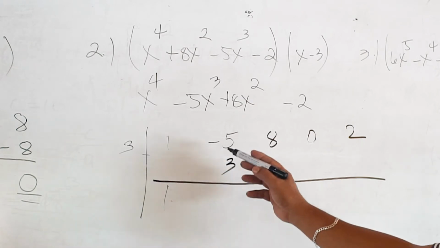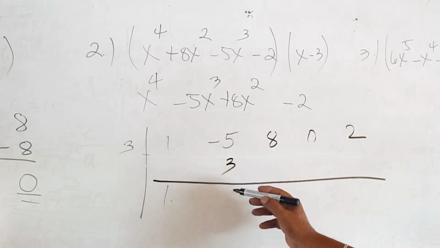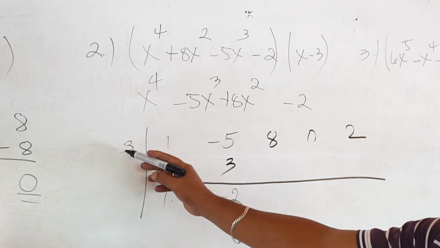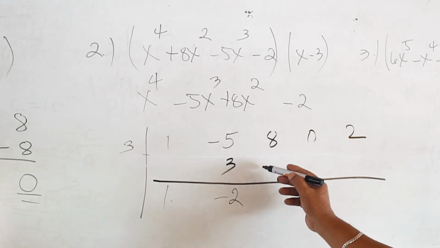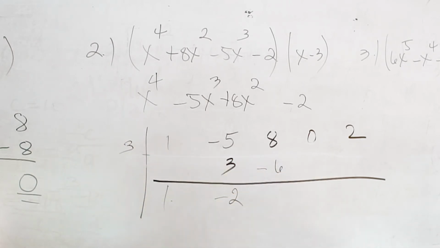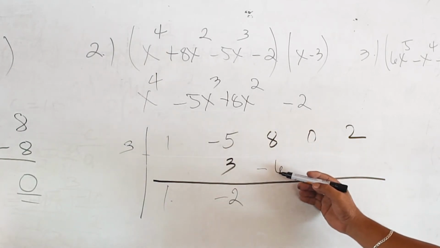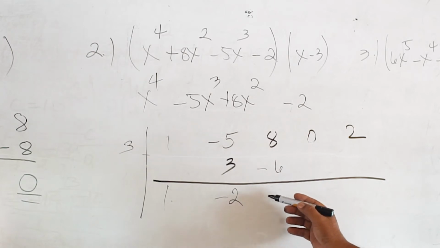Then add negative 5 plus positive 3, so we have negative 2. After that, multiply negative 2 times positive 3, so we have negative 6. Then add positive 8 plus negative 6. The result is positive 2.